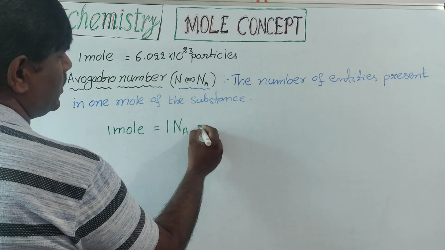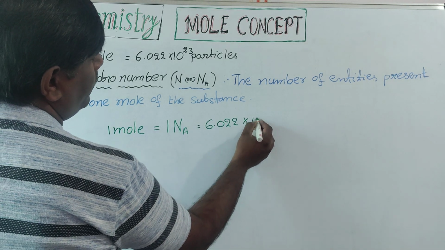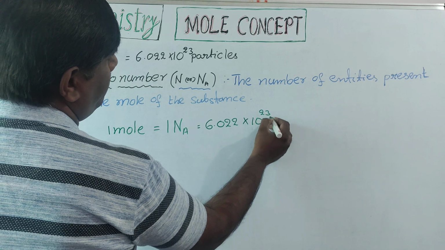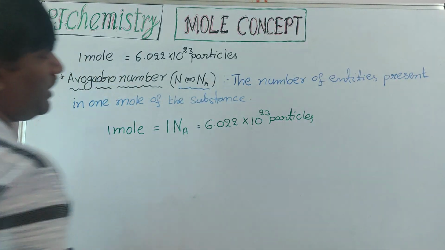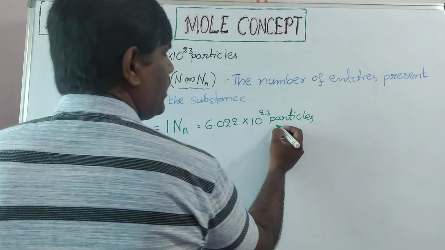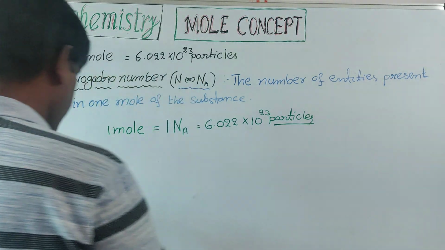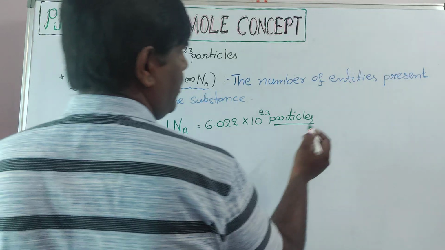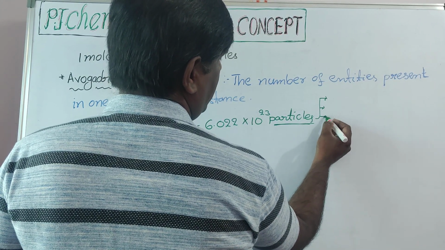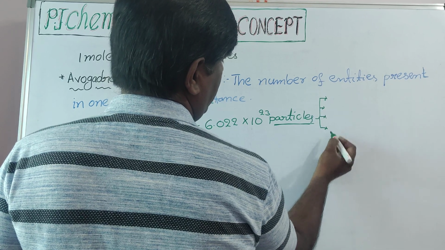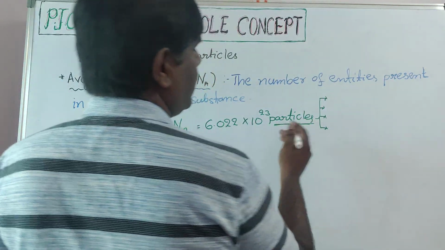One mole value is how much? 6.022 into 10 to the power of 23 particles. Here, particles depend on the question.